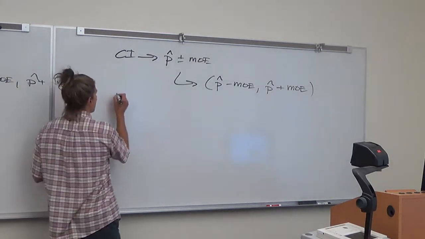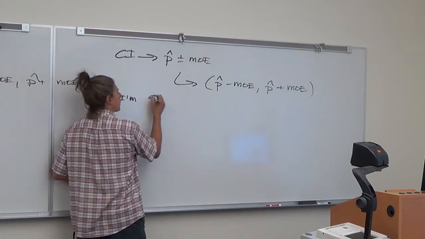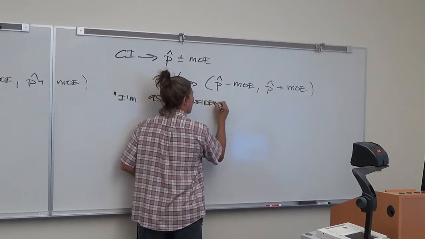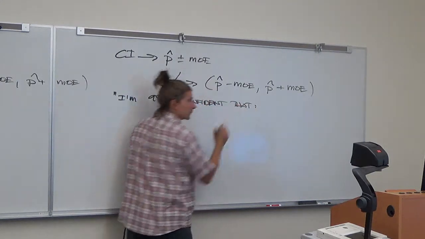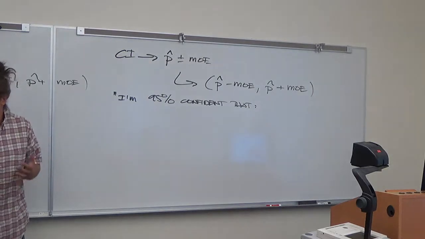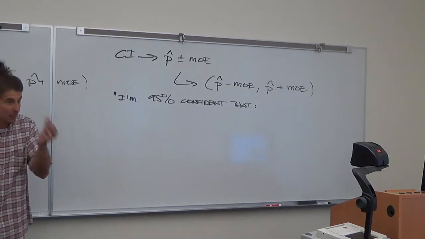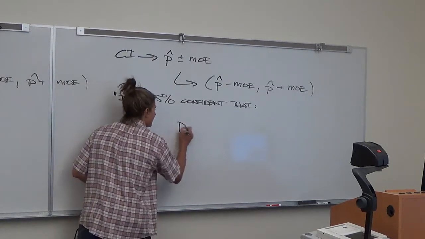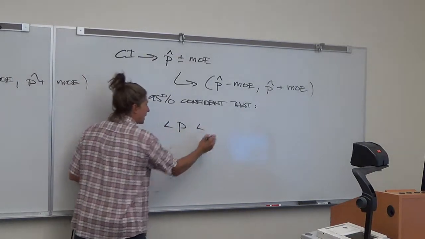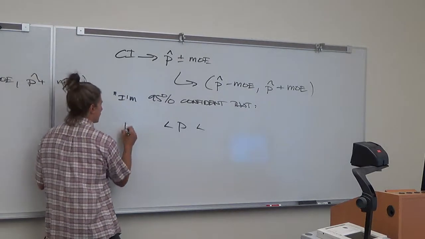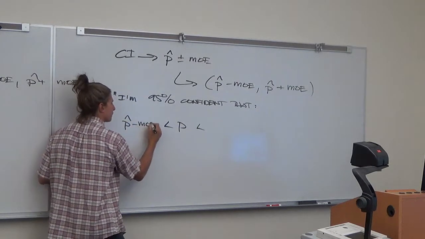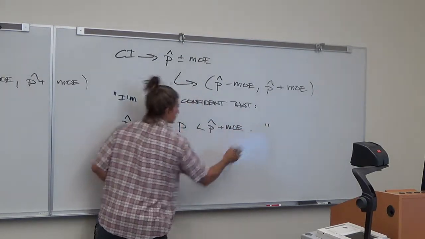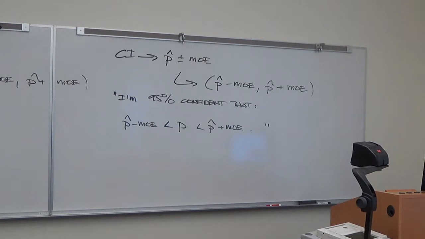You have to say, I'm 95% confident that, and here's a really foolproof way of talking about where little p is with respect to the margin of error and the interval. You put p in here, surrounded by inequality signs, put the low end here, and put the high end here. That's an inarguable mathematical statement.